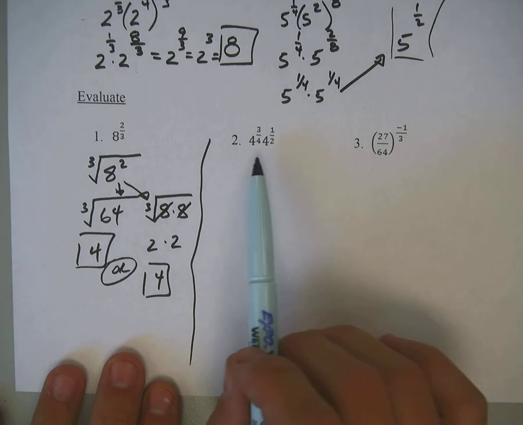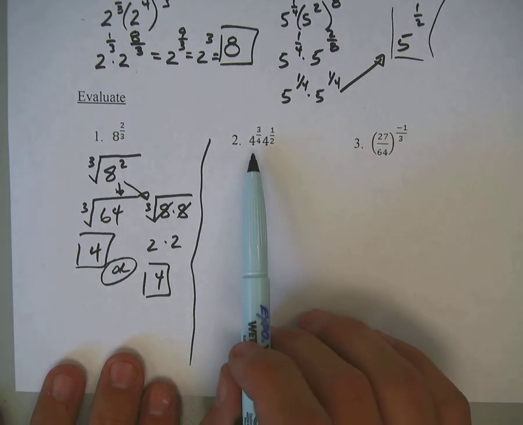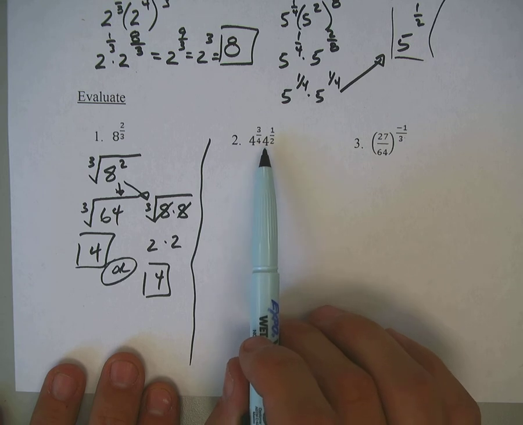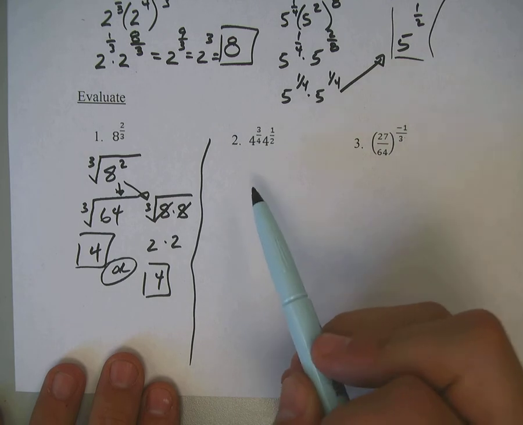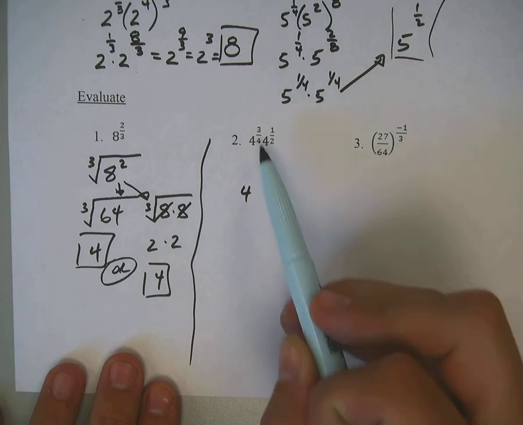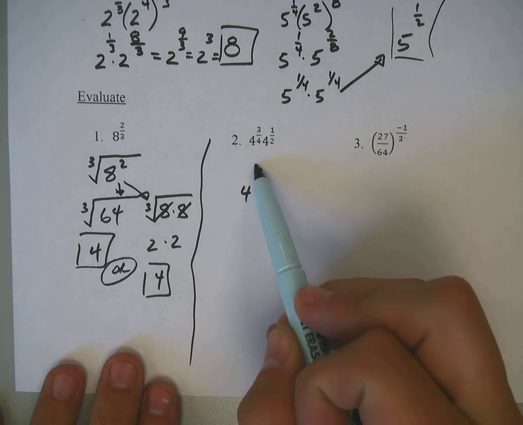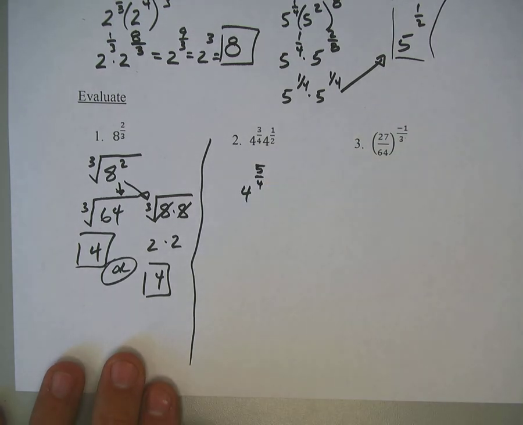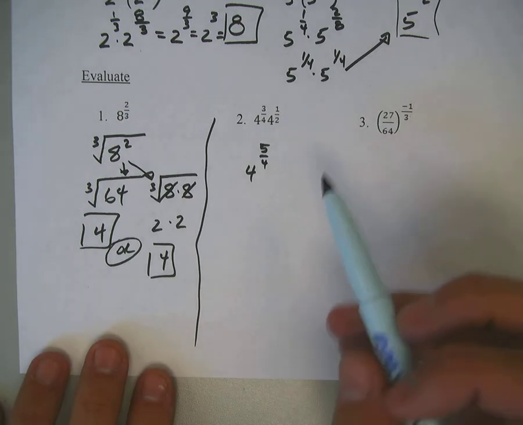Okay, let's take a look at the next one. Notice this should kind of ring familiar to what we were just doing. This time, though, notice that I have common bases. So I can actually put those together. So I can write that as 4. Now, 3/4 plus 1/2 would simplify to be 5/4. Now, I don't know exactly what that is, but let's see if we can simplify it a little bit.